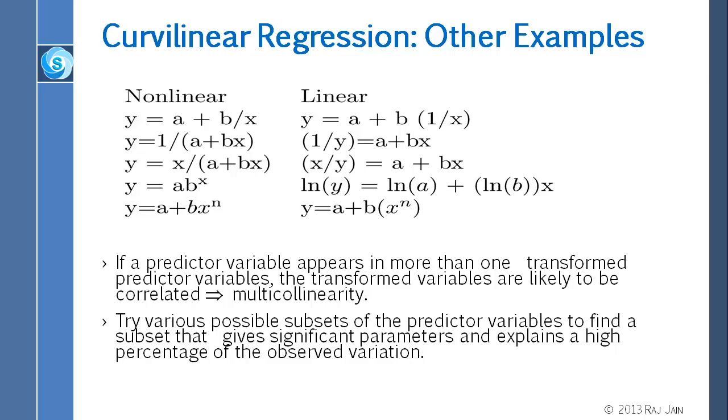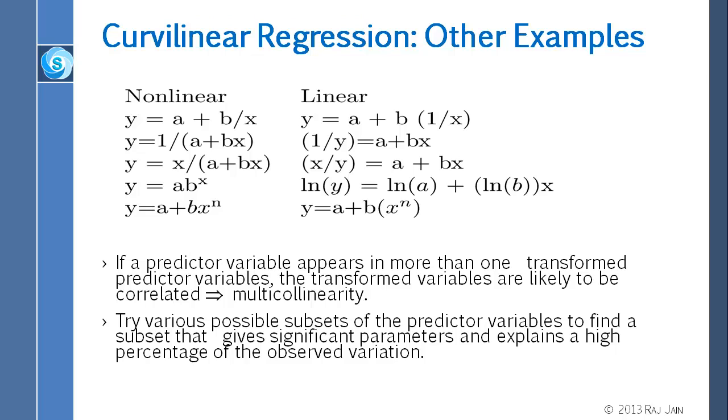And so on. If a predictor variable appears in more than one transformed predictor variable. So right now we had kind of life simple here. In most cases, the predictor variables were one variable like x raised to n rather than x1, x2 or something like that.